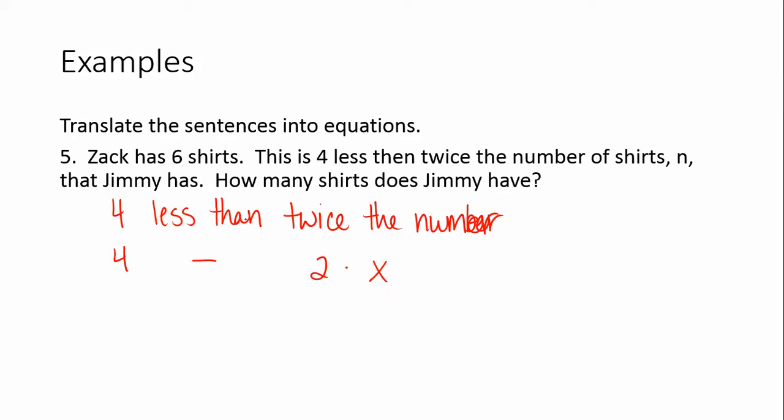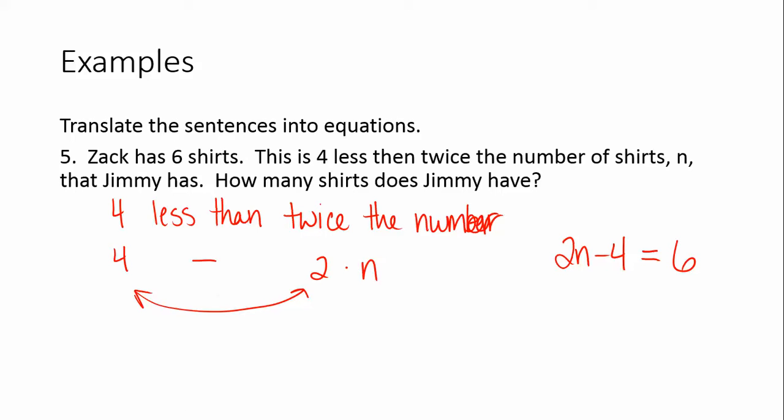But again, less than means we have to flip-flop the order. So instead of saying 4 minus 2x, we're going to say 2x minus 4. And we know that that's equal to the number of shirts that Zack has, which is 6. Oh, whoops, we're using the letter N here, sorry. If you're given a variable to use, you should use that variable.